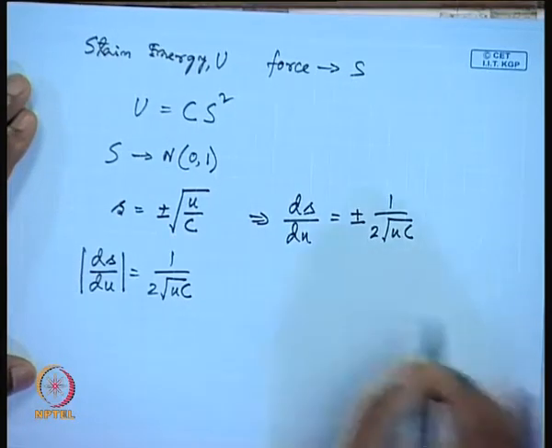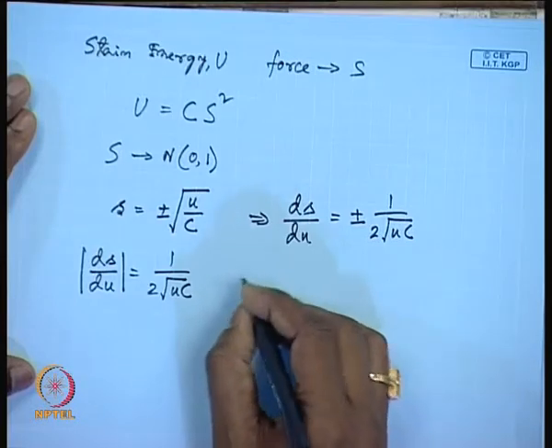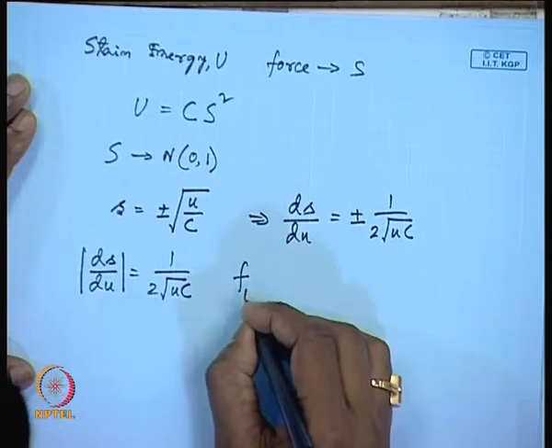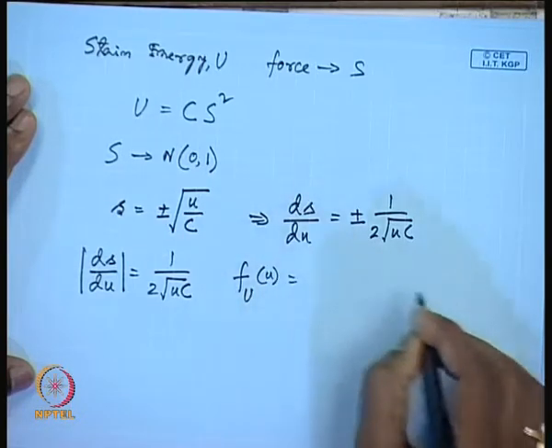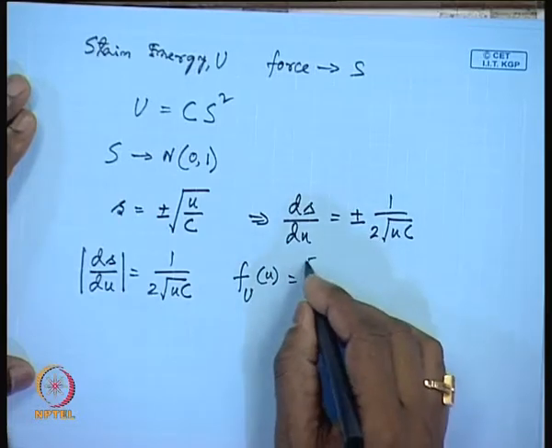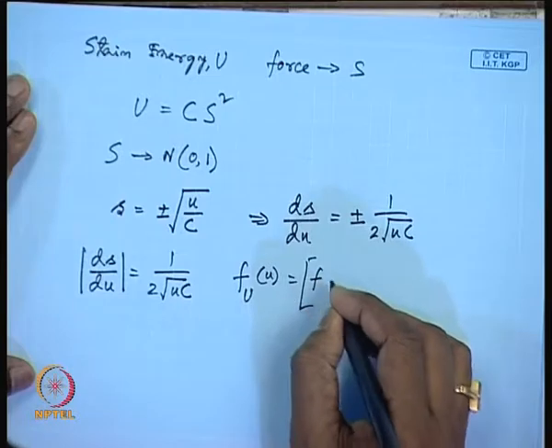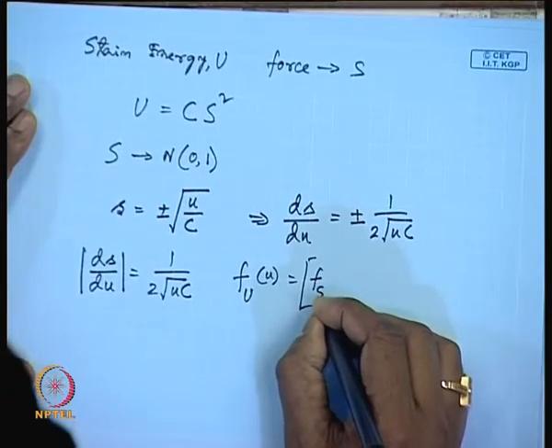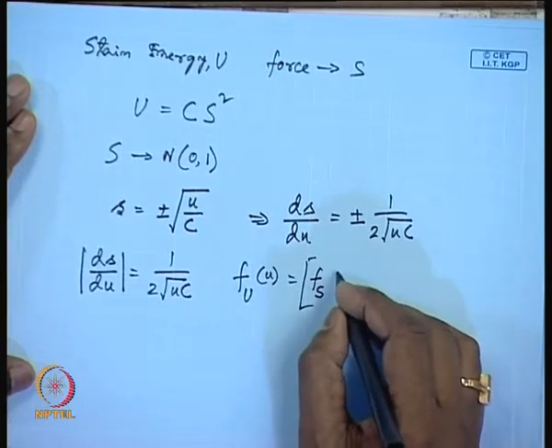Now, to get the density function of the new variable U, we have to find the distribution of the other variable, S, at all the roots.